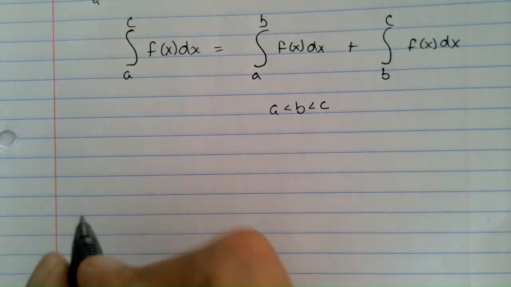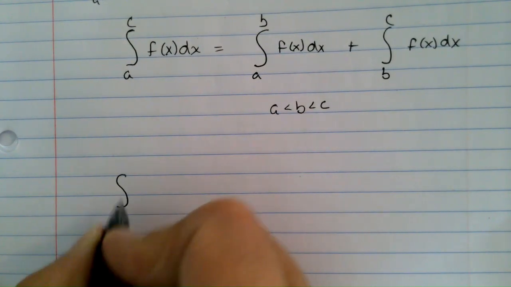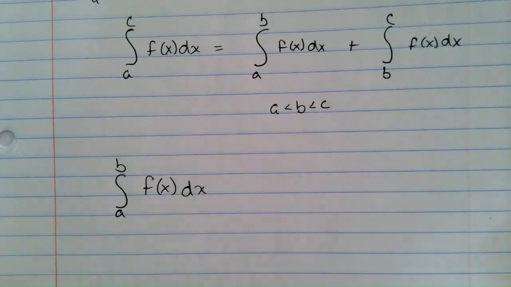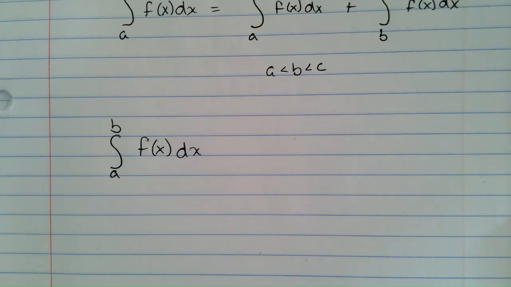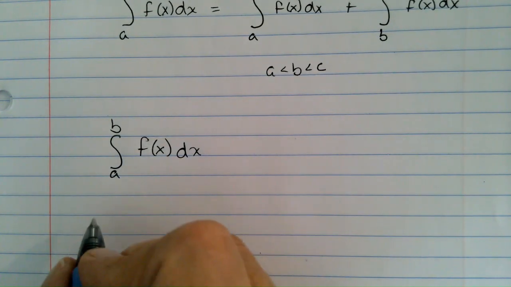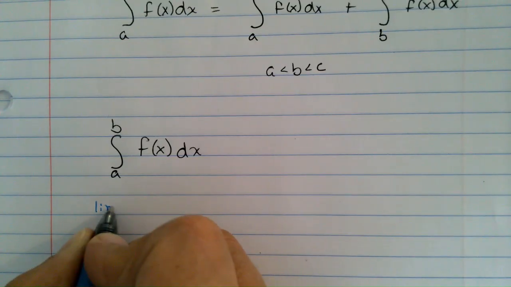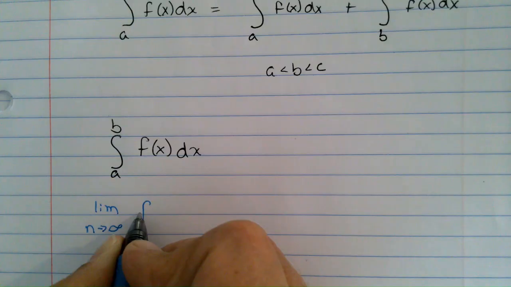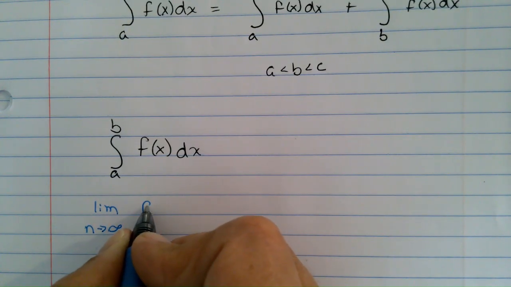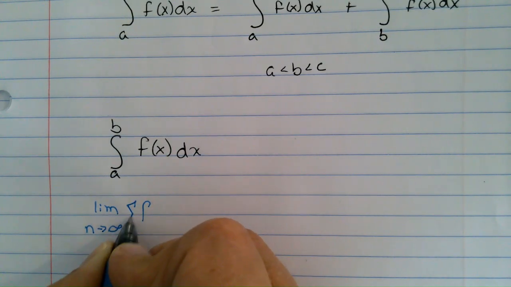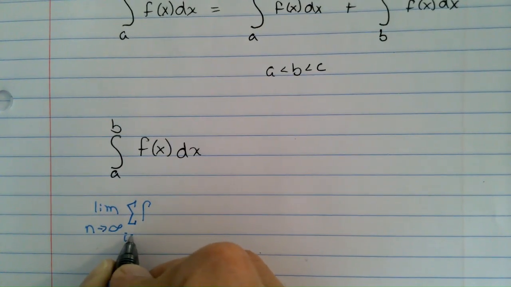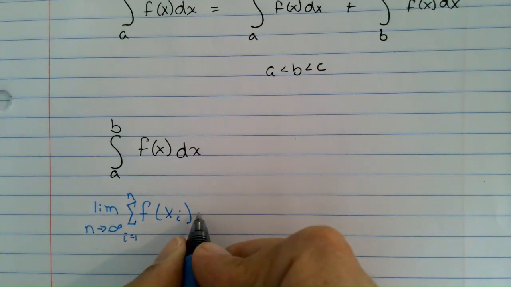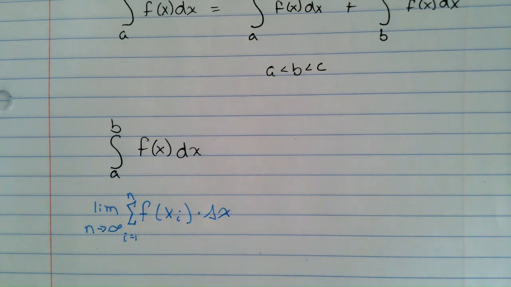So anytime you have the integral from a to b, f of x dx, you're going to have the limit as n approaches infinity of the sum from i equals 1 to n of f of x sub i times delta x.